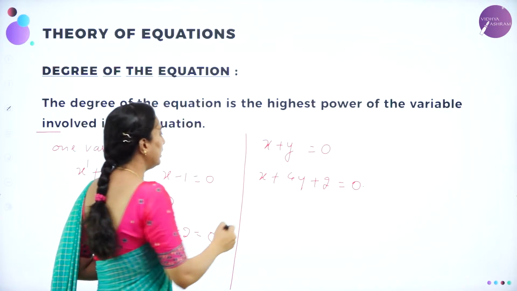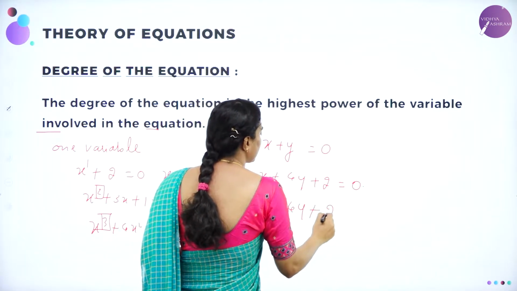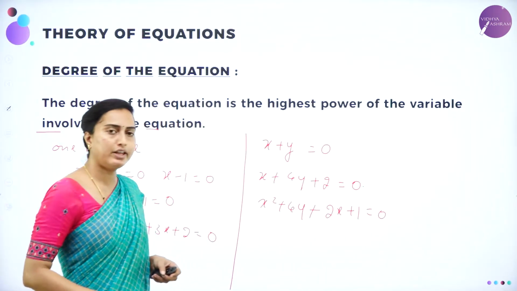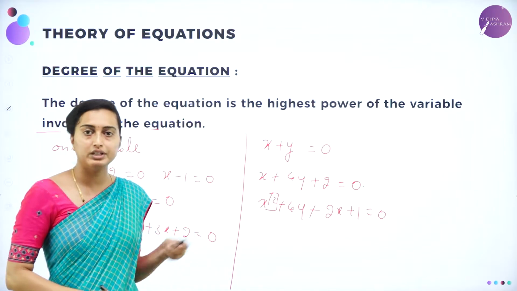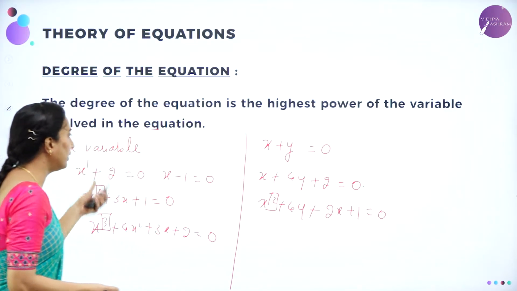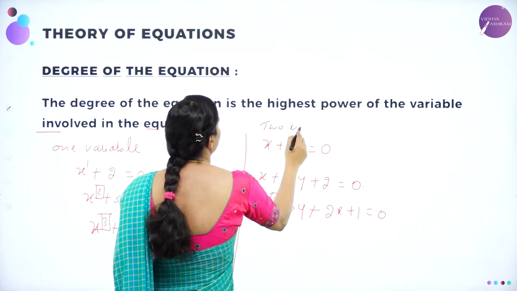Understood? Similarly, you can take x squared plus 4y plus 2x plus 1 equal to 0. This has two variables, both x and y, but the degree will always be 2 in this equation. Are you getting? So this is how it is: this is one variable and this includes two variables.